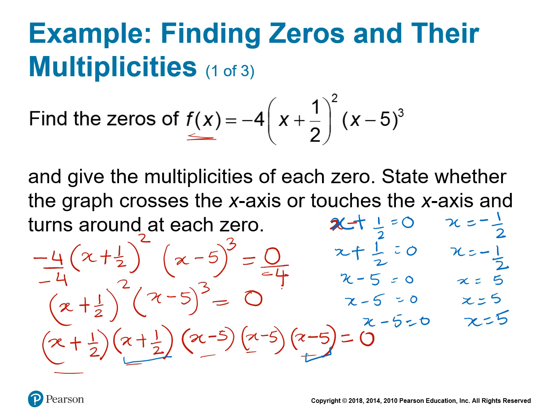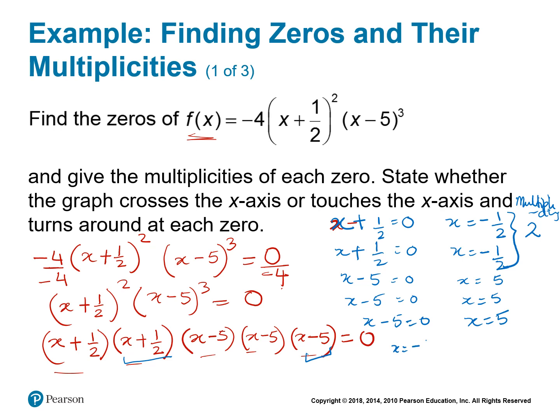So here, look at the multiplicity. We have x equals minus 1/2. This zero is of multiplicity 2, correct? So minus 1/2 is of multiplicity 2.